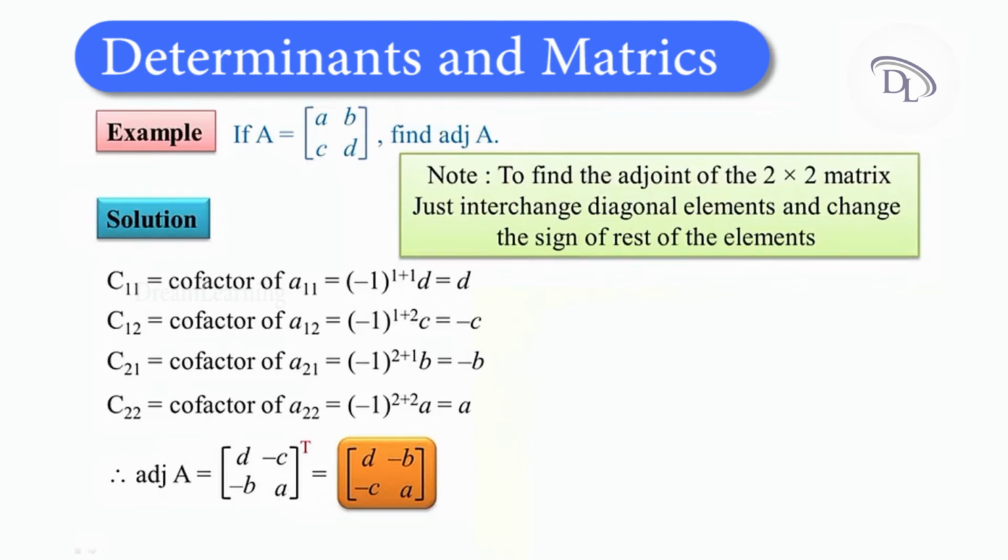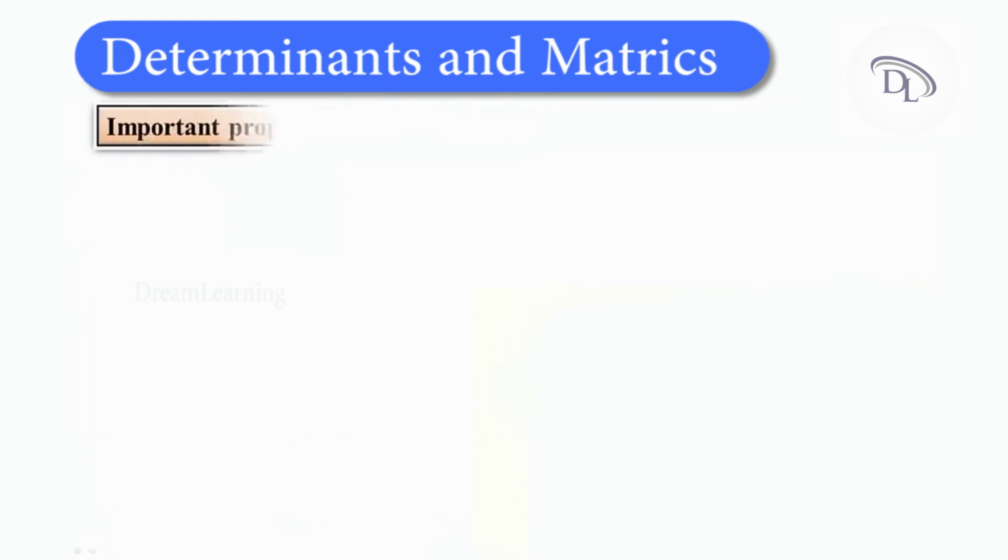To find the adjoint of a 2 by 2 matrix, we just have to exchange the diagonal elements and change the sign of the rest of the elements. So in this case, A and D have to be exchanged. A gets in the place of D, D gets in the place of A, and all the other elements get a minus sign. So this is how we can easily find the adjoint of a matrix A of order 2 by 2.